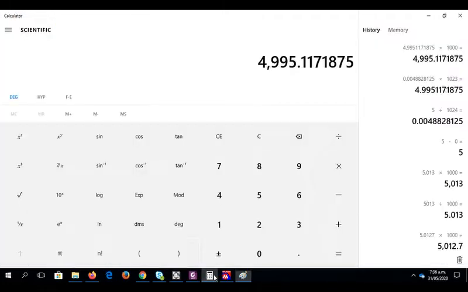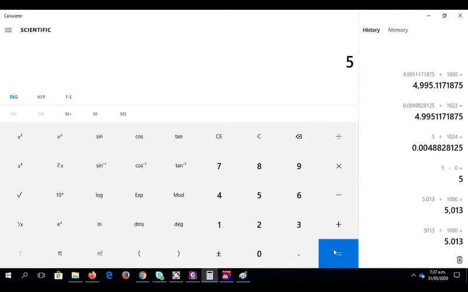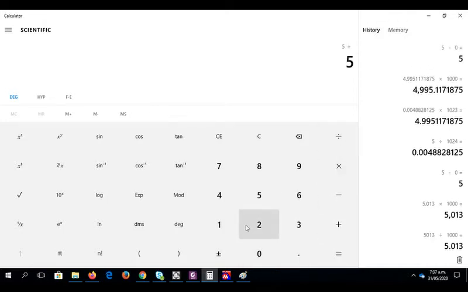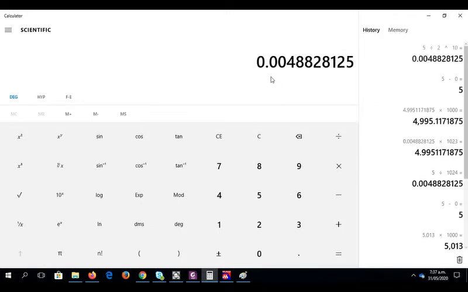Now we can do a simple calculation here. If you have 5 volt as the maximum and the minimum is 0 volt, and we are representing that with 10 bits, then each state will have 0.0048 volt per division.